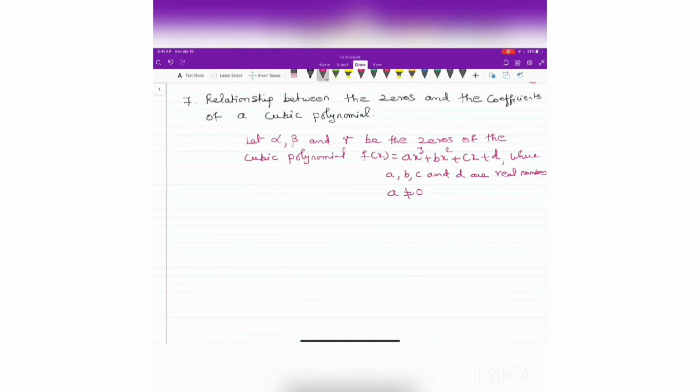You know that by factor theorem, x minus alpha, x minus beta, x minus gamma are the factors of f of x.